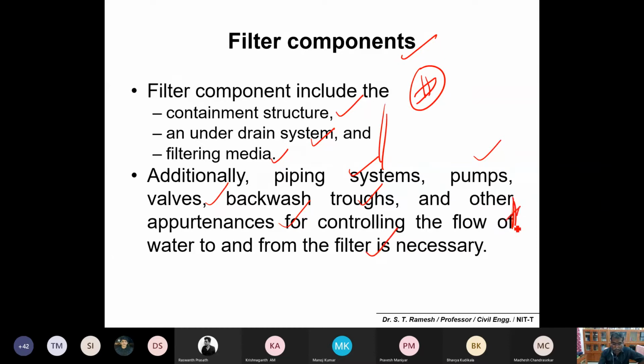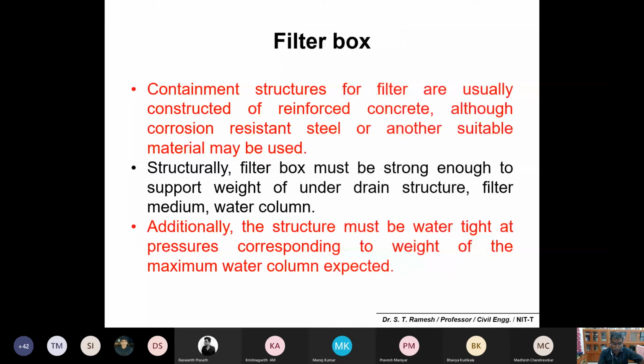So these are ancillary structures, and the containment structure, underdrain system and filter media are the main components.